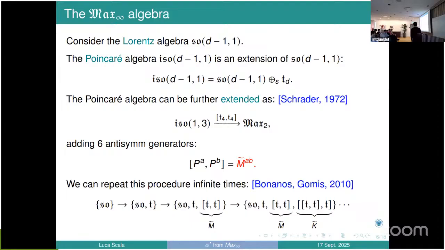And in 2010, Bonanos and Gomis showed that this can be pushed to infinity. You can continue adding commutators of translation with translation, etc., to find something that we call the Maxwell infinity algebra.